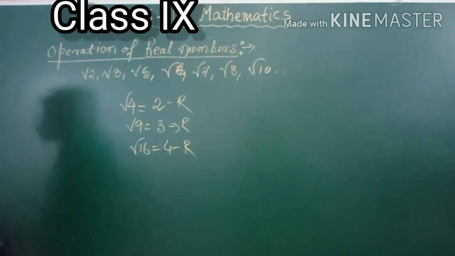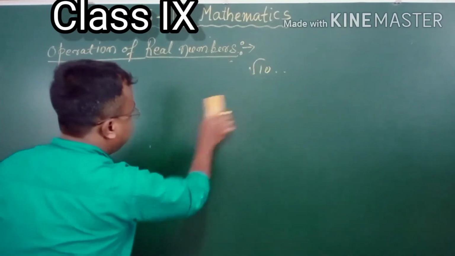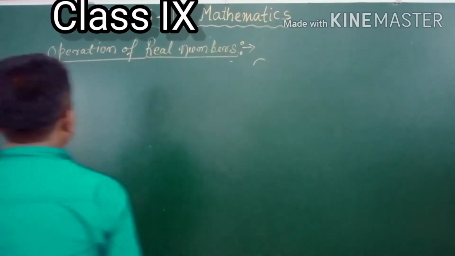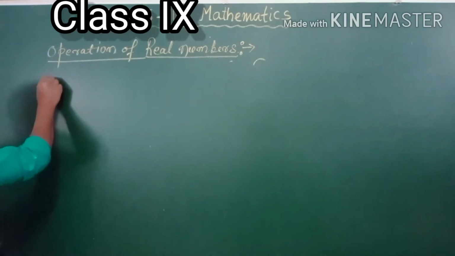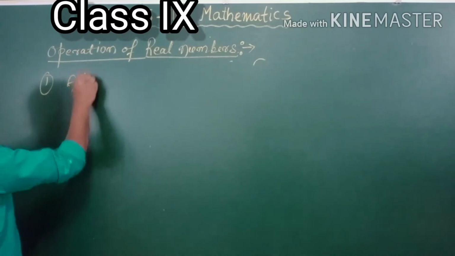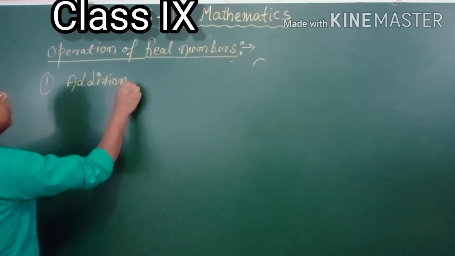Let us go to our main topic, that is operation of real numbers. Now, first we will see addition. Let us see how to do the addition of real numbers.